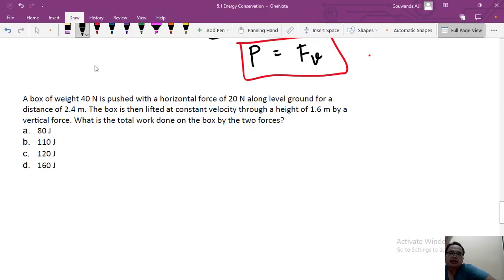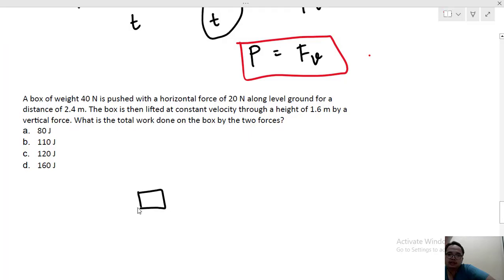We will analyze the case. The first one: the box of 40 Newton is pushed horizontally over 2.4 meters with a force F equals 20 Newton.